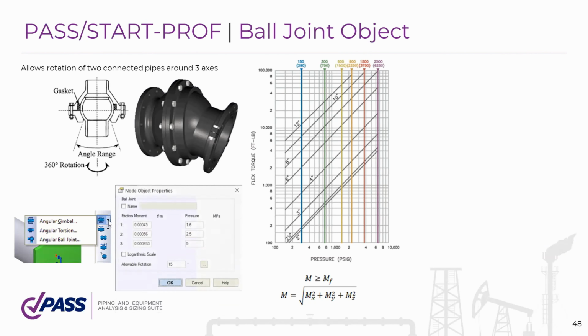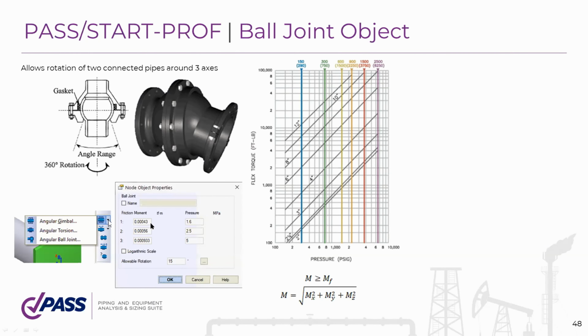START-PROF solves this problem, and we allow you to specify the friction moment and corresponding pressure. You can define up to 3 friction moments and 3 pressure values. START-PROF will automatically interpolate the friction moment between the pressures. So you don't need to care about calculating the friction moment by yourself.